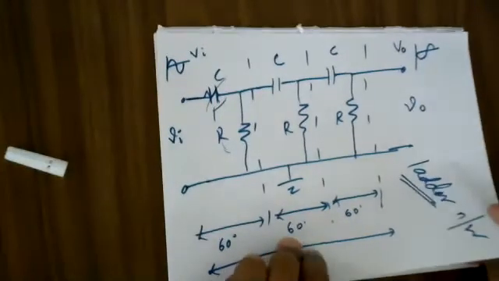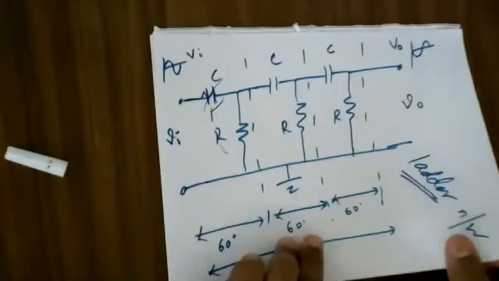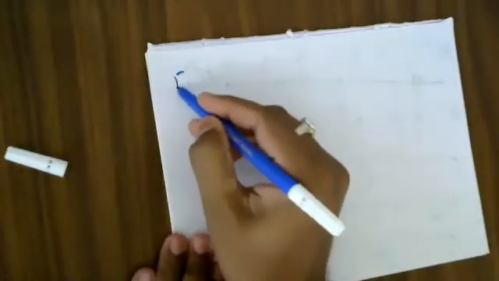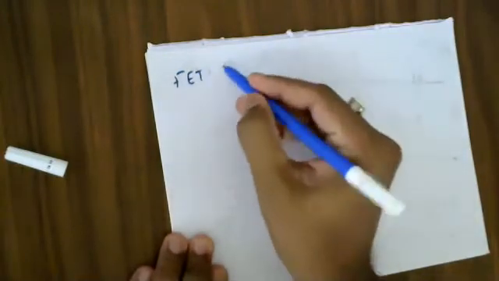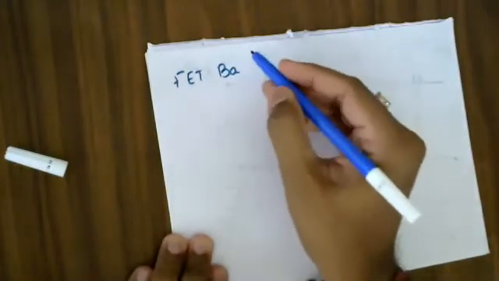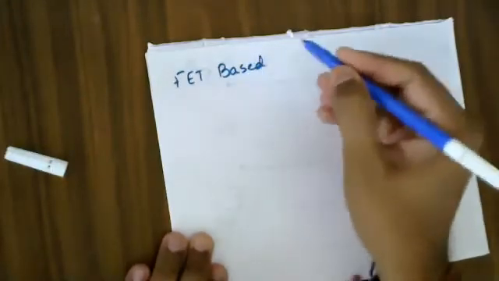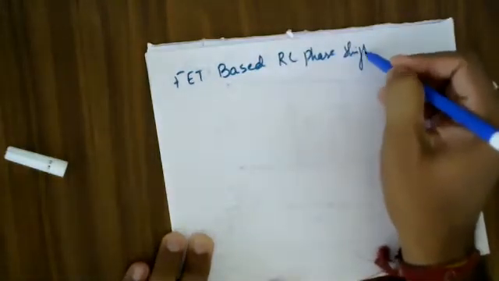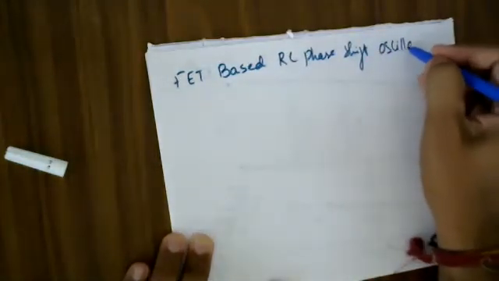If no queries, then we can take up the RC phase shift oscillator, including the amplifier. Okay, since there are no queries, we'll go ahead. Now we will build an FET based, that's field effect transistor, FET based RC phase shift oscillator.